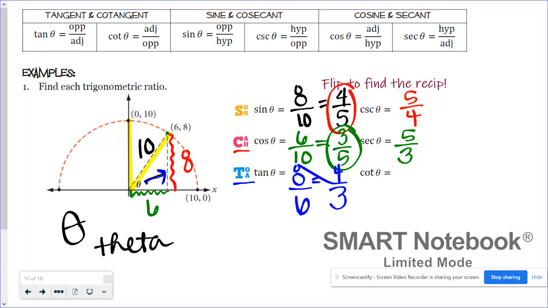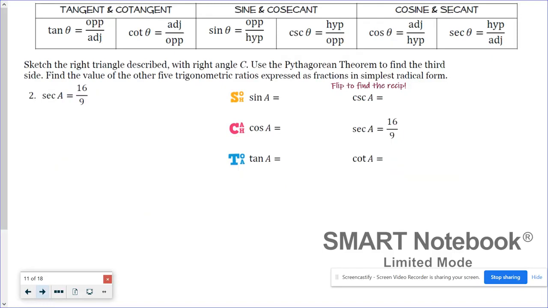And then for cotangent, I flip to find the recip, and I get 3 over 4 for cotangent. And so finding the reciprocal functions is pretty easy, so long as you know which of the big three they go with, then it's just a matter of flip to find the recip. I'm going to save this problem for our in-class time because it's that good.